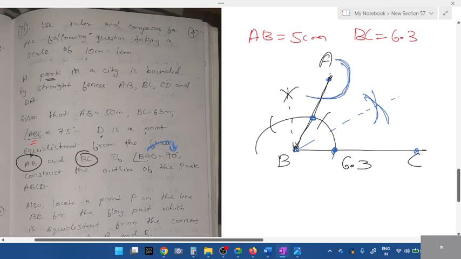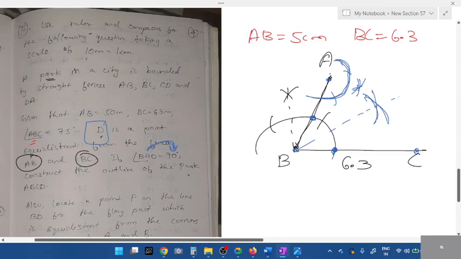I want all of you to solve this question later. So you get 60 here, 120, 90 will be somewhere here. Okay, 90 degrees, students. So wherever these two meet, D is a point equidistant from AB, BC and BAD.